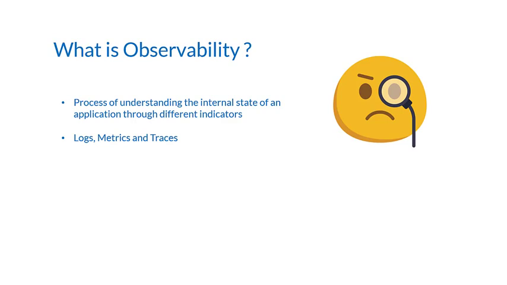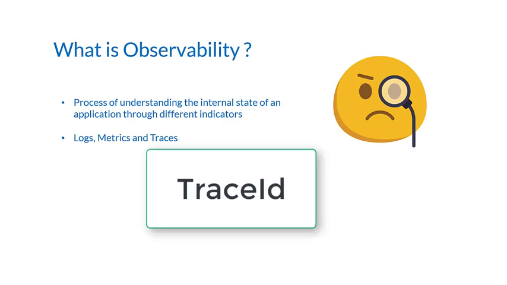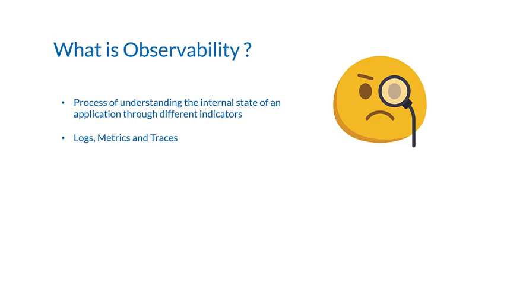If you have an application A, which is talking to application B, and you want to track the request from start to end, starting from application A until application B, you can use something called a trace ID, where you can identify the whole path of the request from the source until the destination.